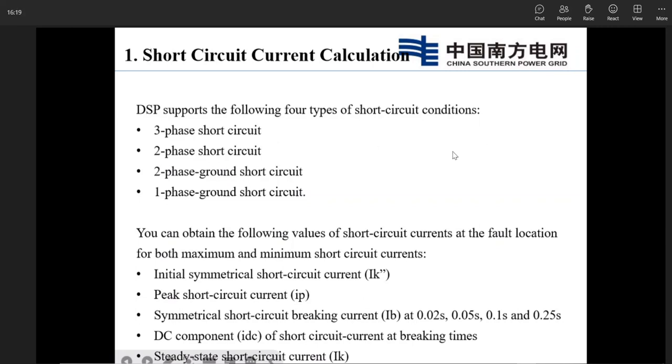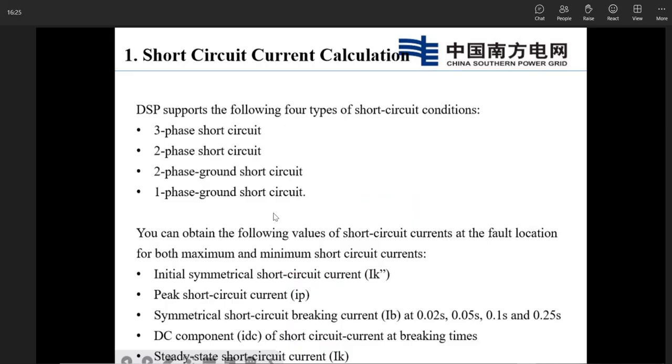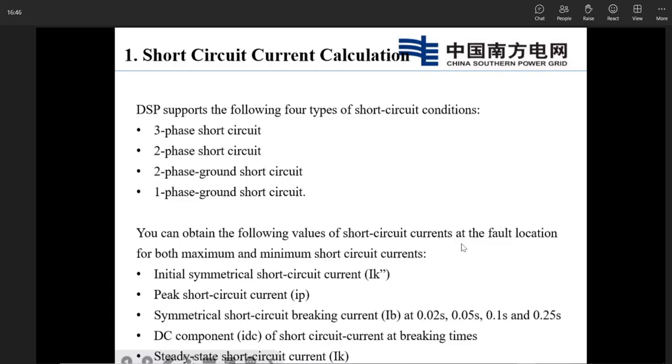In DSP, we can calculate four types of short circuit: three phase, two phase, two phase ground, and one phase ground. You can get the short circuit current, peak current, breaking current, the DC component and steady state short circuit current.